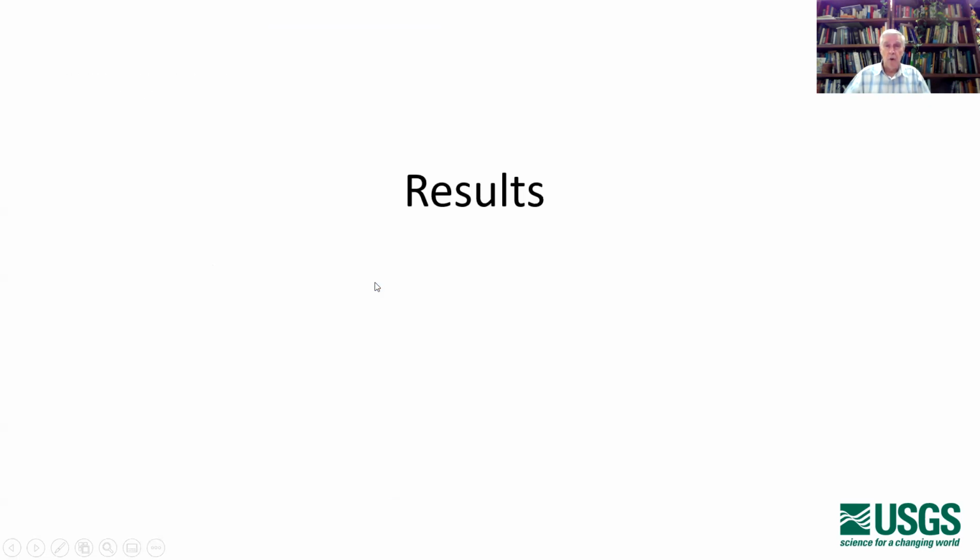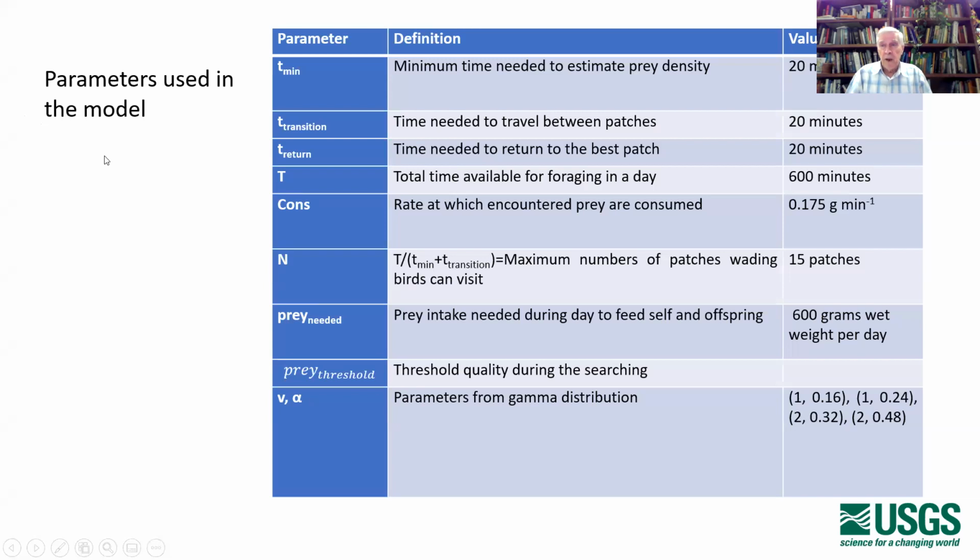Okay, so results. We had to use parameters in this model. This is the set of parameters that we've used. Except for a few of these, we make no claims that these are related to reality.